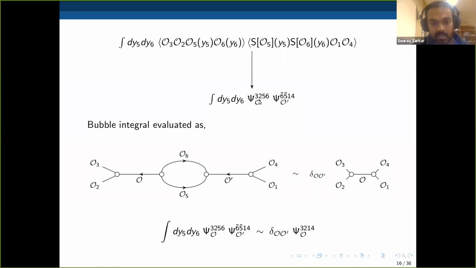And this is basically a bubble integral. If we do this bubble integral, then we get another partial wave for the external operators, and the two operators here, O and O prime, are forced to be the same one, and there are a bunch of constants flying around which we don't want to look at right now.